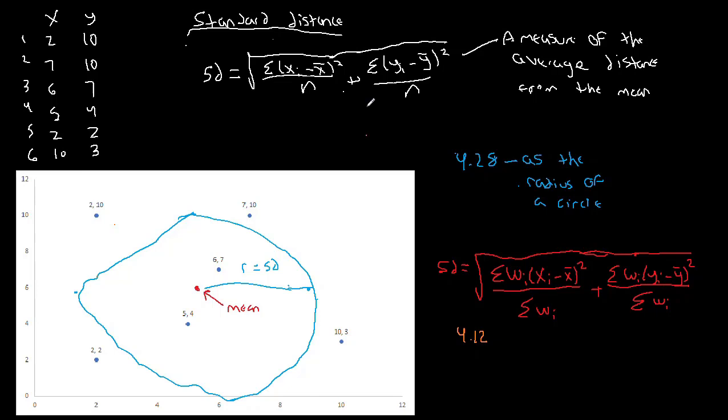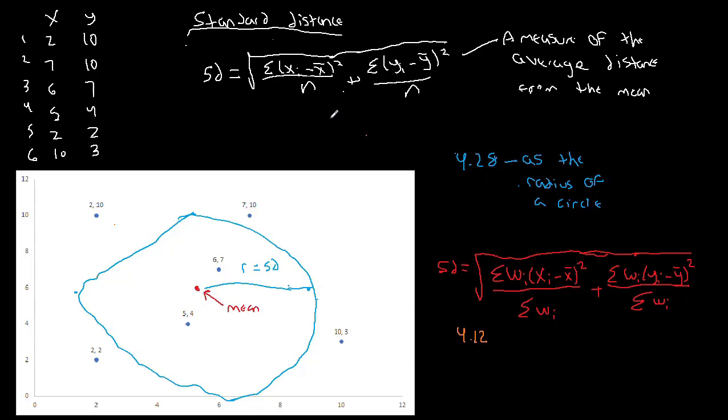And we can capture that by breaking the standard distance equation apart into its x component and its y component to create, instead of a circle, an ellipse. And then we can use trigonometry to orient that ellipse along the data set. Again, we're not going to cover the orientation calculations because that's outside of the scope.